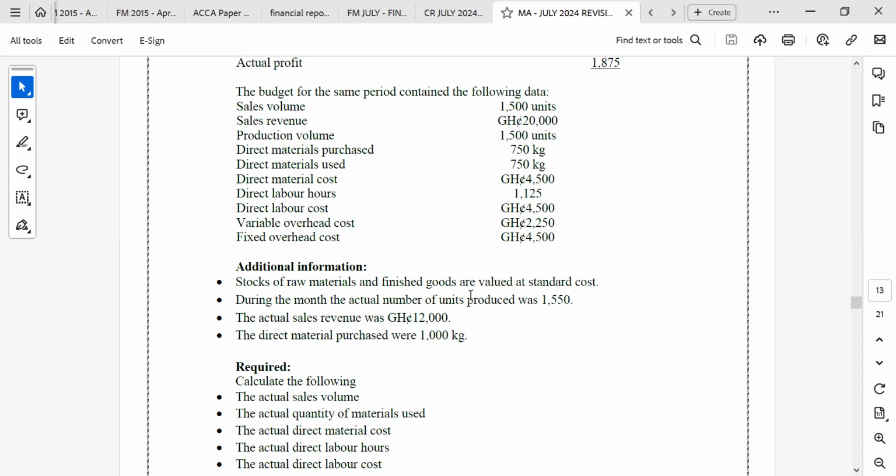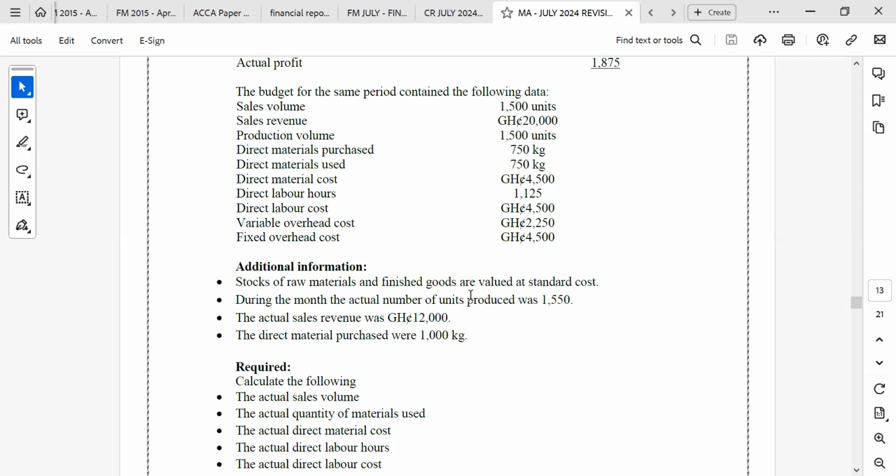We are buying 1,000, but we have used only 800. If the question is saying that we use actual cost, then you multiply your answer by 800 because we just want to know the cost incurred on the 800. But if they say standard cost, it means that you are looking for the total amount spent on the material, whether you are able to use all or part.